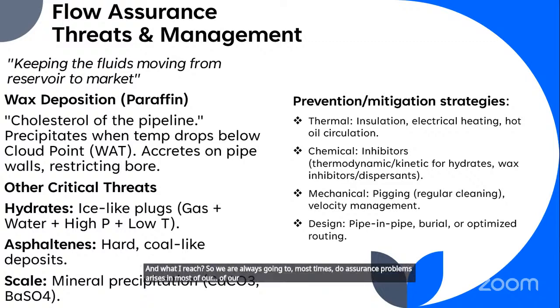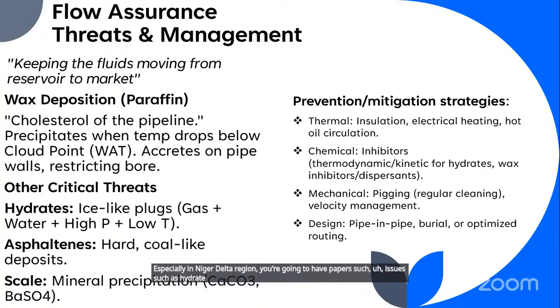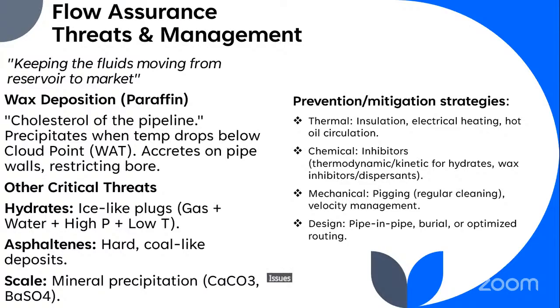If you look at optimizing production and papers that have been written, especially in the Niger Delta region, you're going to have issues such as hydrate formation and wax deposition. It's because of the kind of fluid that we produce in the Niger Delta. They are mostly paraffinic and water rich. So issues like wax and hydrate management now become important to us.